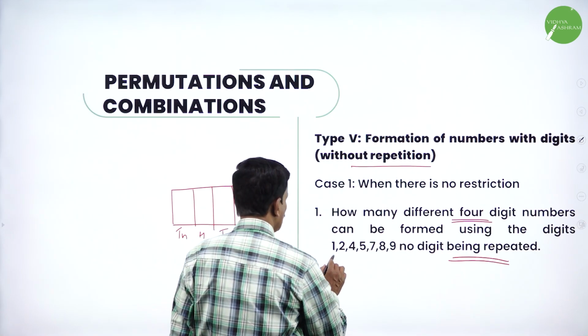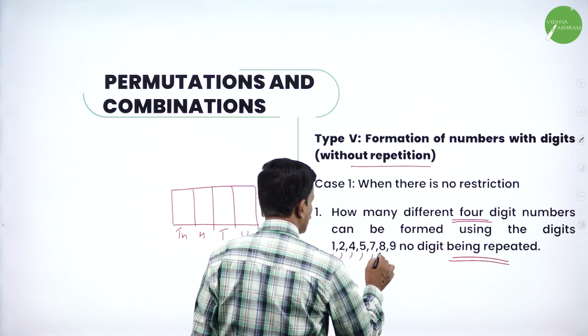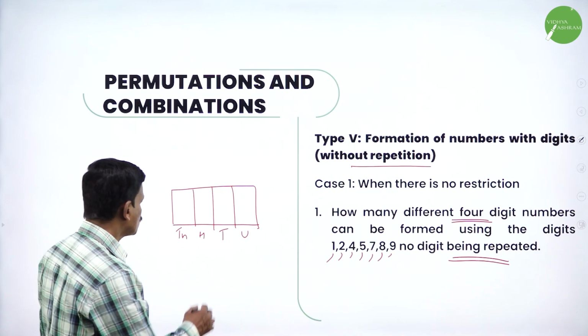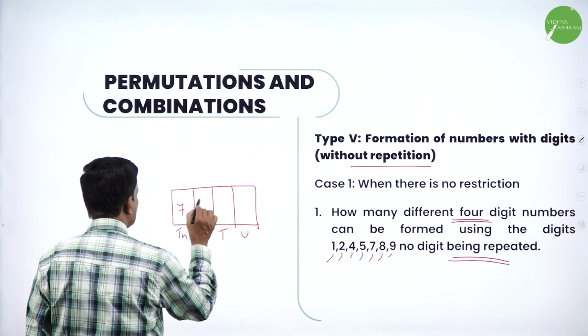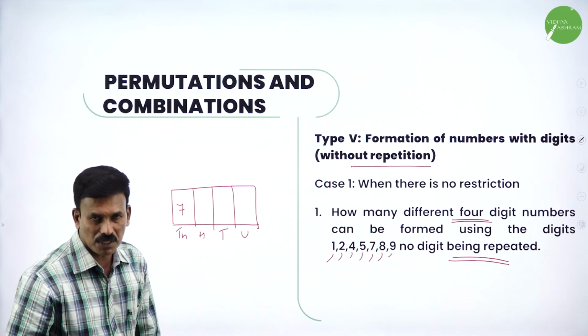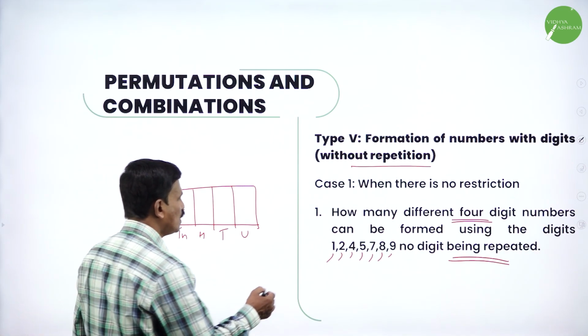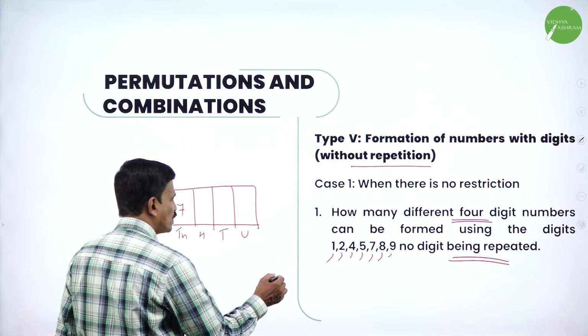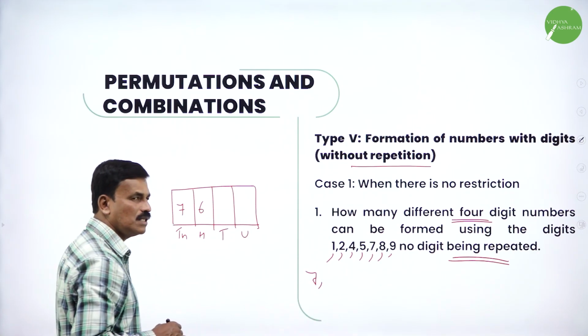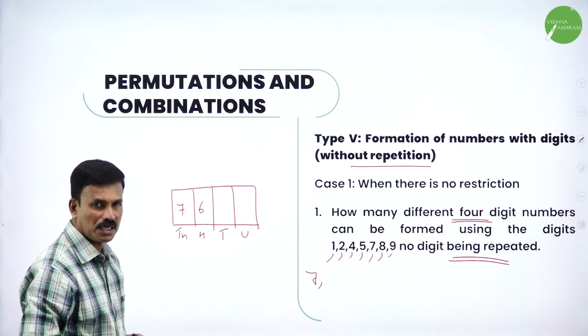How many digits are there? 1, 2, 3, 4, 5, 6, 7. So 7 digits are there. So here the 1000 place can be filled by the 7 numbers. All the 7 numbers can be kept in 1000 place. And how many are left? Out of these 7 numbers, 1 is taken, then the remaining 6 can be filled in 100 place.